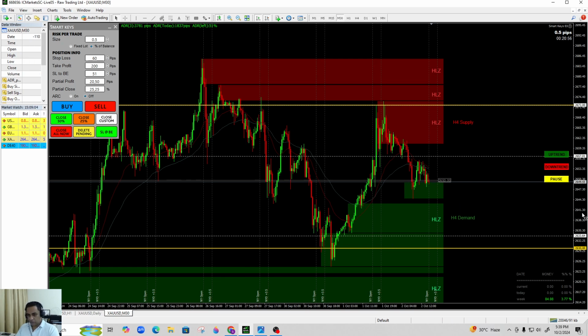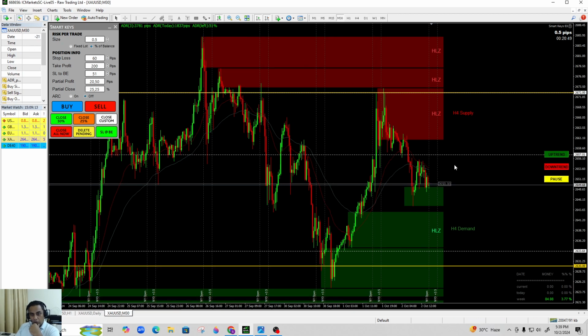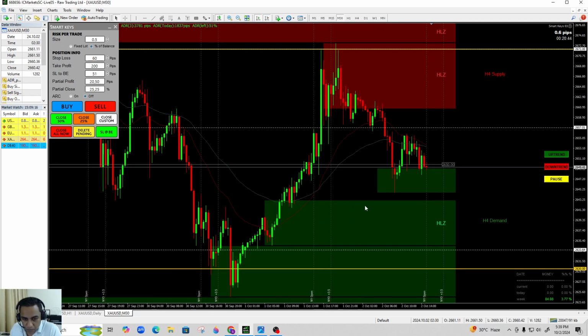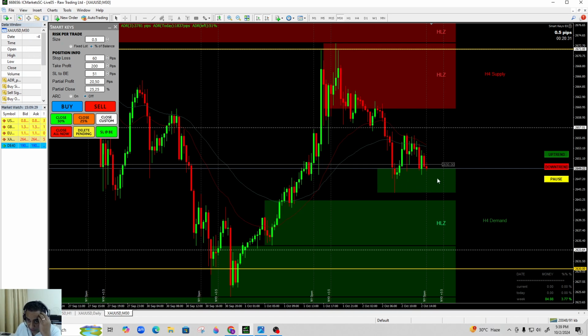Okay, right. So let's look at these levels a little closely now. Okay, so I'm not going to look for any buys inside here because this is not a high liquidity zone.